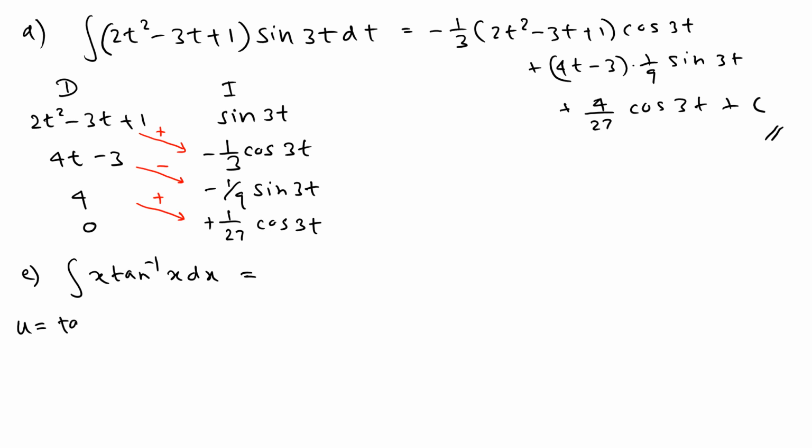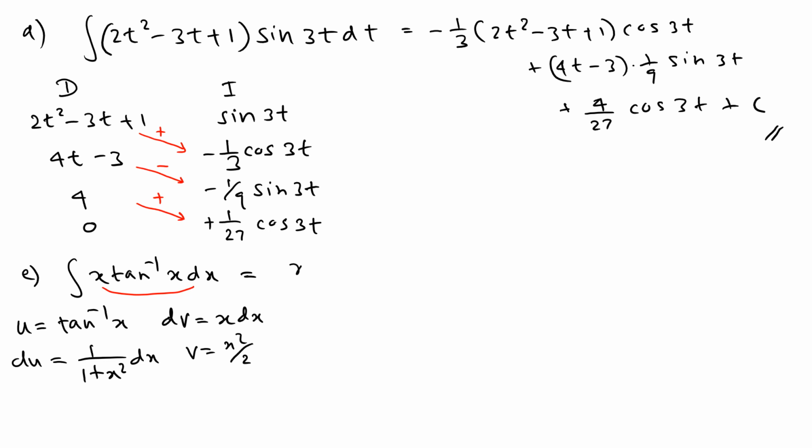That's one of the tricks that we use, and dv is x dx. So we combine these two. Good. Take the derivative. So du equals 1/(1 plus x squared) dx. Here v equals x squared over 2. So we're going to plug in there.